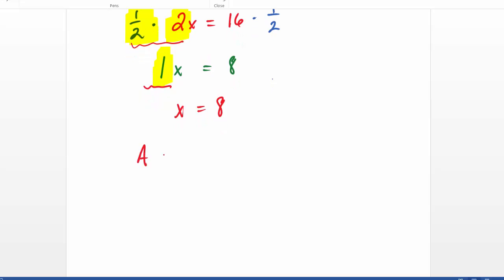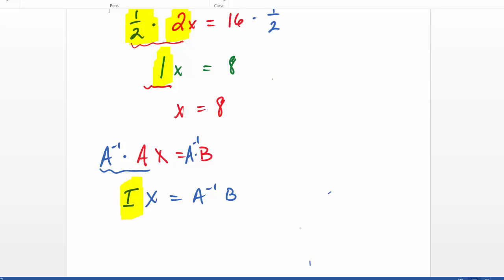If you recall back to matrices, if we were trying to solve a matrix equation, we multiplied both sides by the matrix inverse. And the inverse and its matrix left us with the identity matrix. And just like before, the identity matrix acts like the number 1, so we don't write it, and we've effectively eliminated that term from the left-hand side.